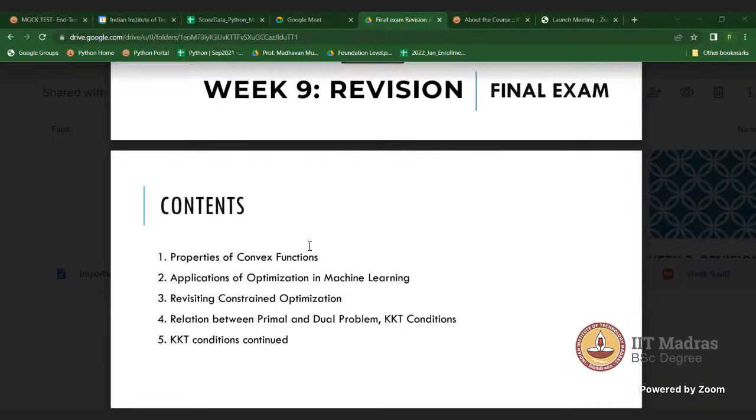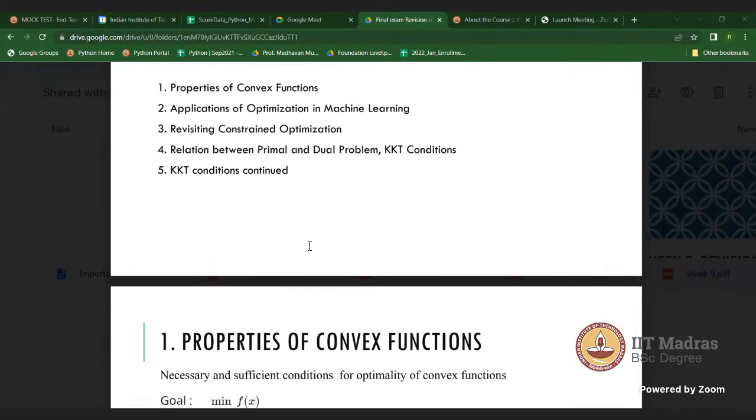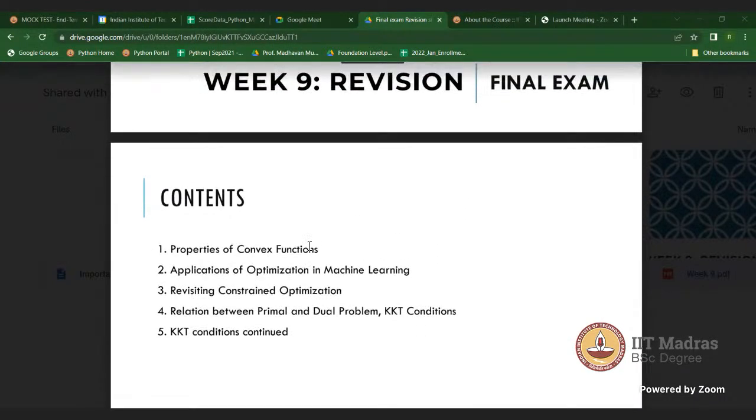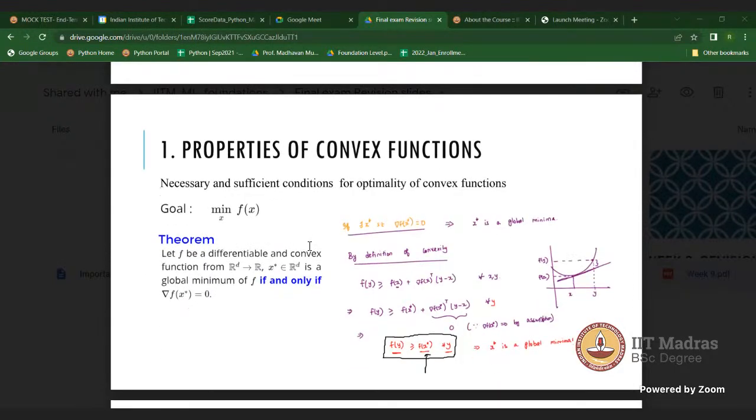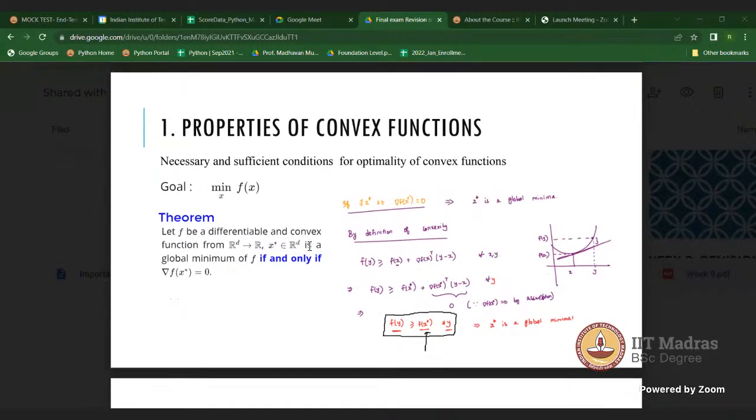So first thing is that in the previous week, in week 8, we learned about convex functions, and now we are discussing the properties of convex functions. For a convex function, for the global minimum to exist at a particular point x star, the gradient should be equal to 0 at that x star. This gradient is for higher dimensions, but if it is a single dimension, then we just say that f dash of x equals 0.